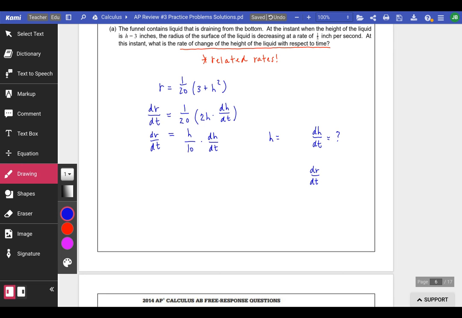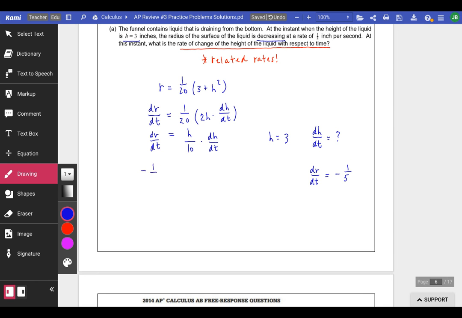For h, it says we're solving this problem at the instant when the height of the liquid is h equals 3. So that's what we're going to plug in for our h. And then they're telling us the radius of the surface of the liquid is decreasing at a rate of 1/5 inch per second. Now, this word decreasing is really important. That tells us that our dr/dt is negative 1/5. So now this is good.